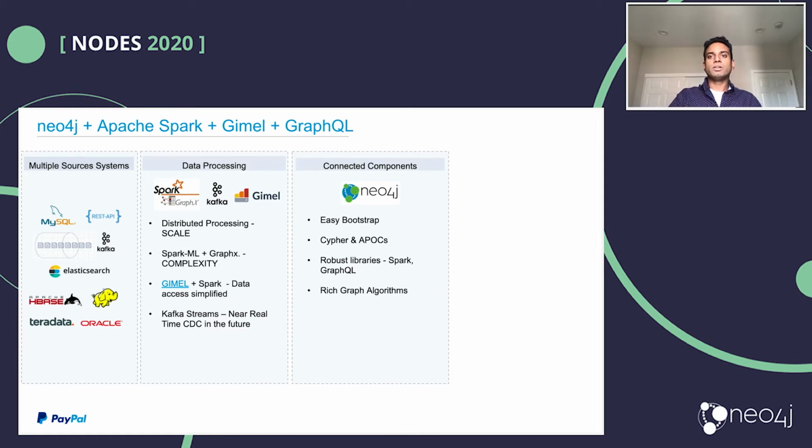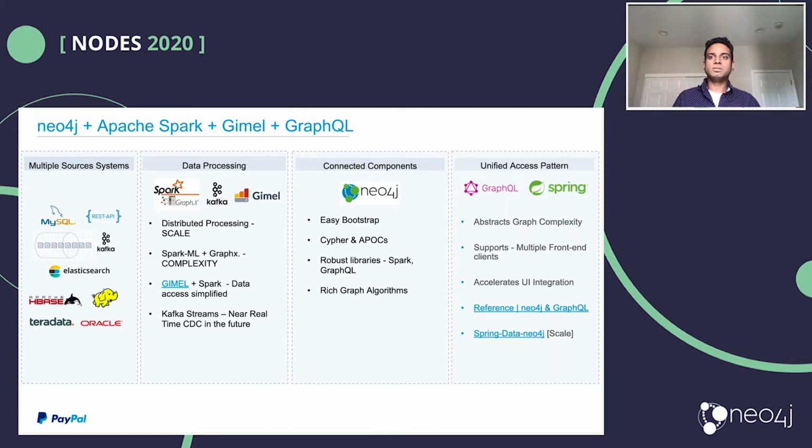And we are looking at exposing these as GraphQL schema so that not only Python, Java, or Scala or Spark libraries can tap into this, but also front-end APIs can really leverage the power of Neo4j in a very meaningful way in the form of semantic layer.